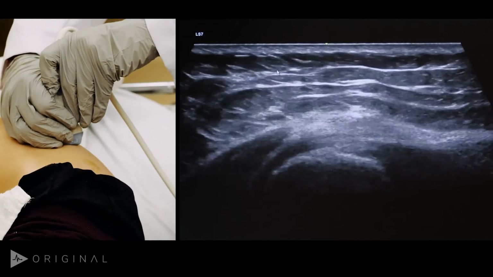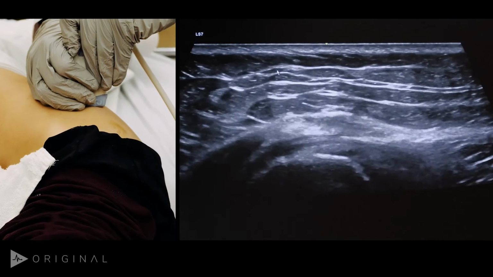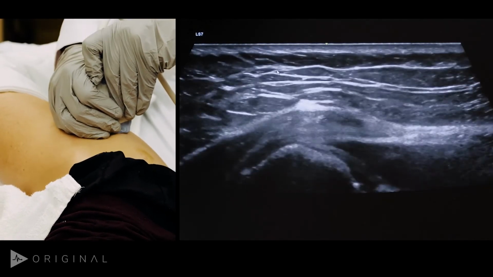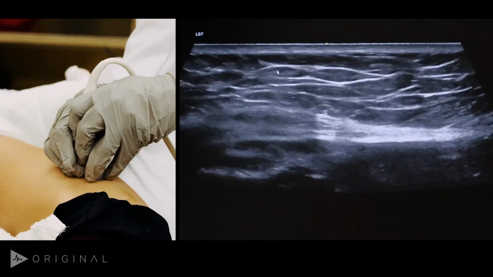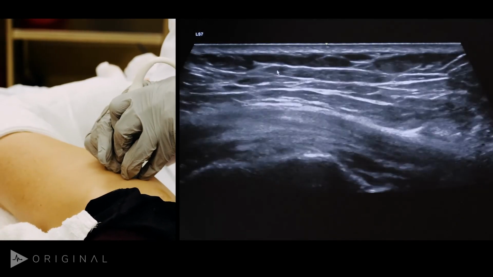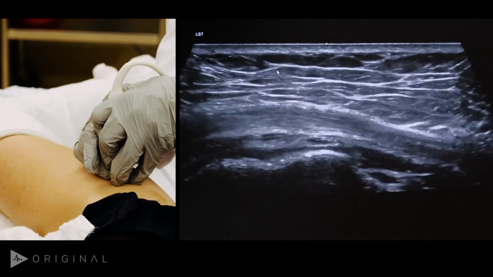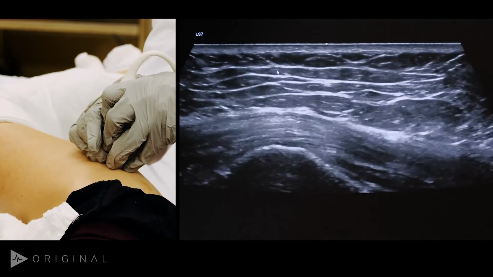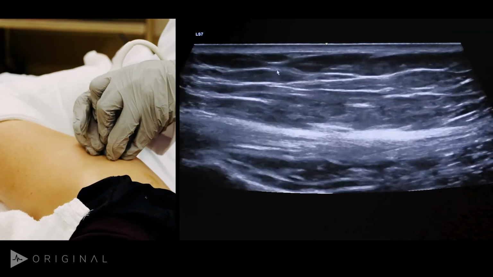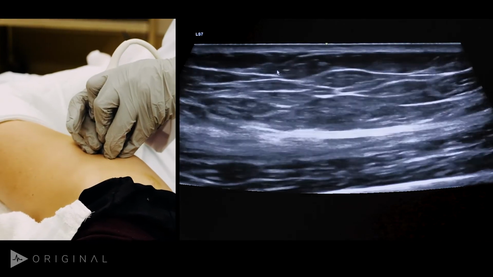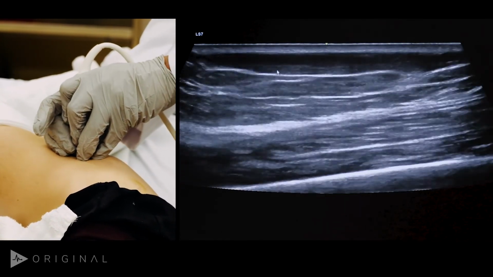This is a fairly important structure to visualize. I've seen a lot of pain patients related to the ITB band and friction over the underlying structures. Even in our model, the ITB band appears to be somewhat thicker compared to what you would normally expect. And then you can trace this down as it goes along the lateral side of the leg.